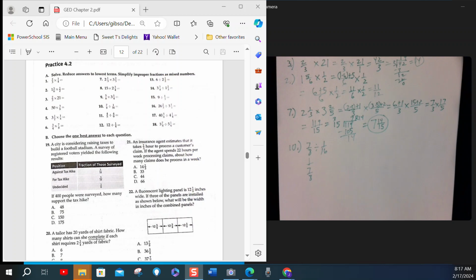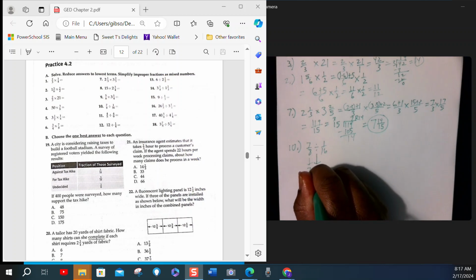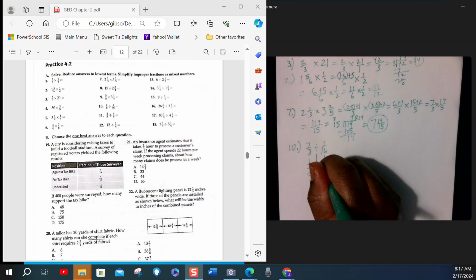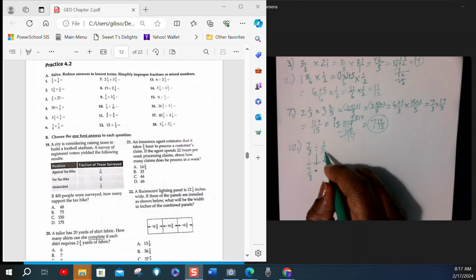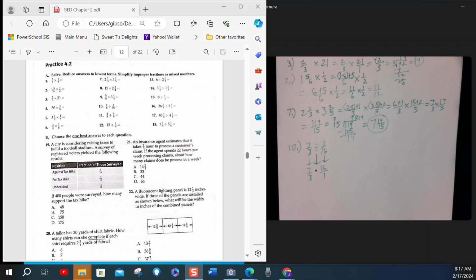So 7/8 remains 7/8. Your division symbol now becomes multiplication. And then last but not least, that second fraction, you take the reciprocal or you just flip it. So whatever that second fraction is, you flip it. 1 over 16 becomes 16 over 1.